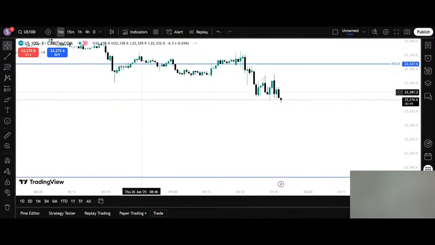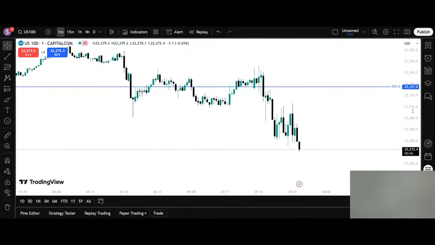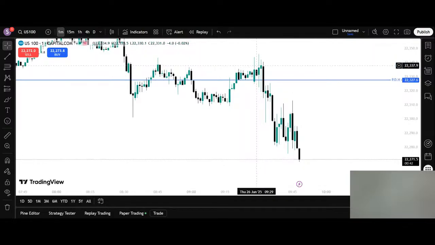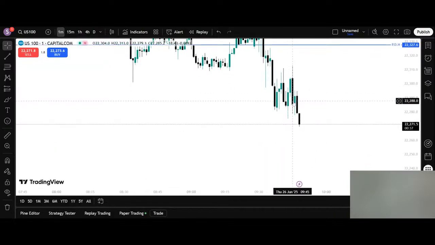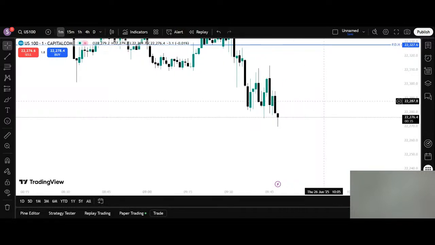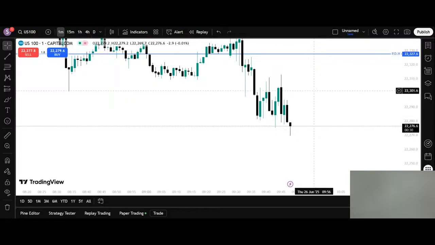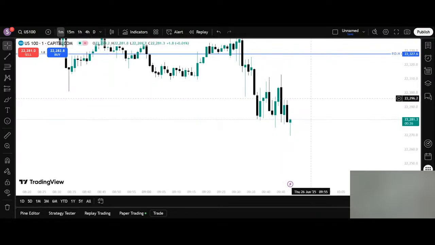So let's go down to the 1 minute. This candle is the 9:30 opening. Now I'm just gonna wait for it. As you know, my strategy is a market structure shift with an FVG in line with my bias.